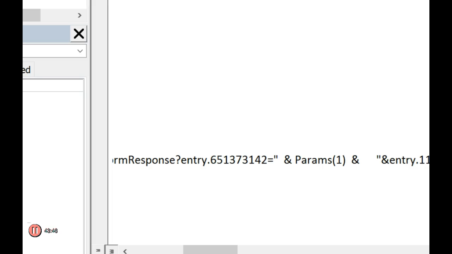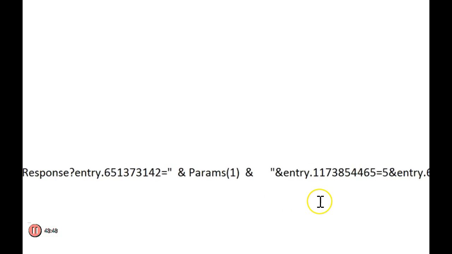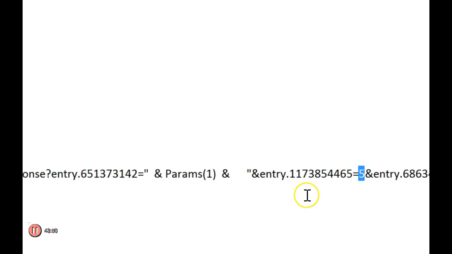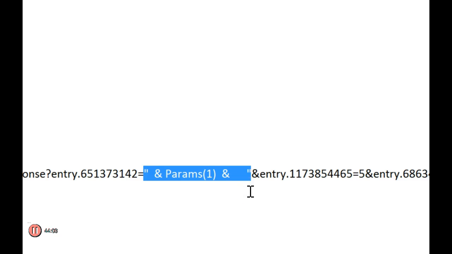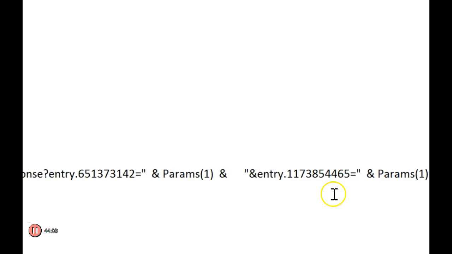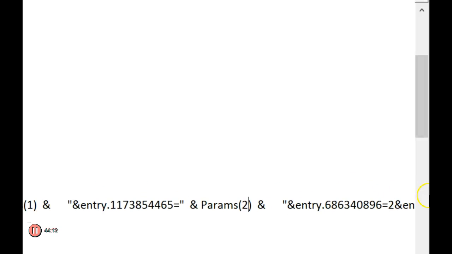All right, here's the next entry. Here I've given it a 5. This is the first one, and so this will be params 2. I'll just go ahead and copy what I'm injecting here, copy the quotes and everything. I'll replace that 5 with this for param 2. Here's the next one. I'll replace that with param 3.